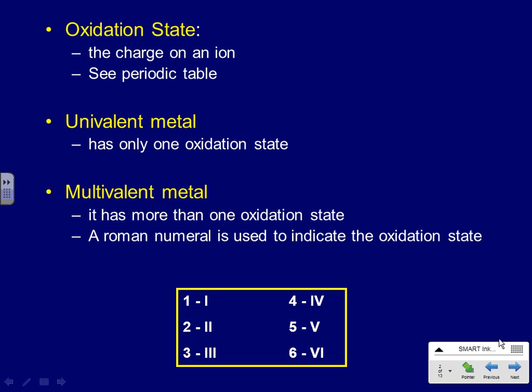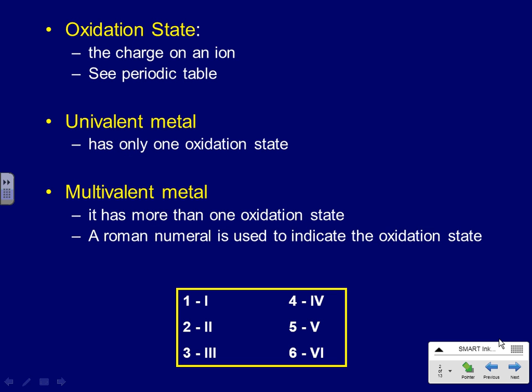Again, you've heard of the term univalent. Uni, you just saw it many times. One. Univalent means it has only one possible oxidation state. It can only have one possible charge. And then we have multivalent.